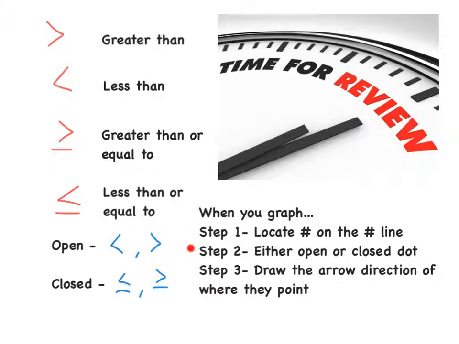Step 2, we're either going to draw an open or a closed dot. Remember, open dot is the less than, or it is greater than. The closed dot is less than or equal to, or greater than or equal to. Then step 3, draw the arrow in the direction of where they're pointing.